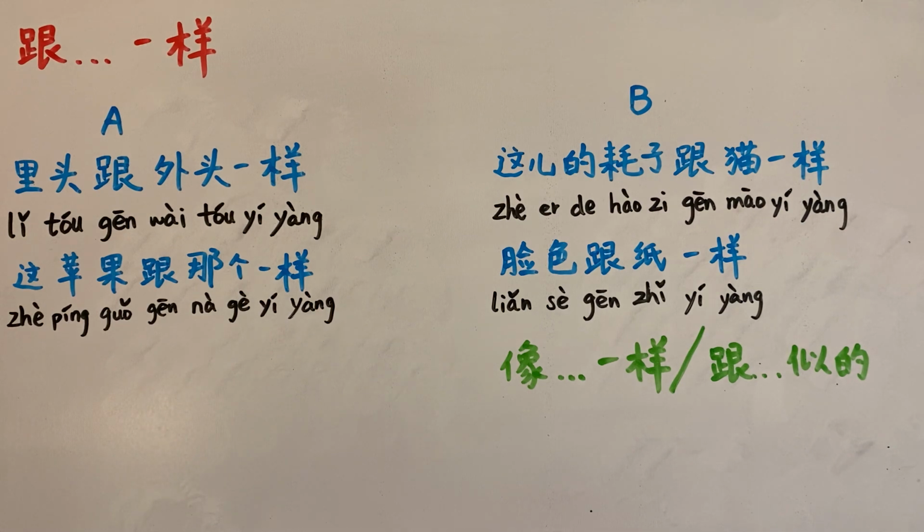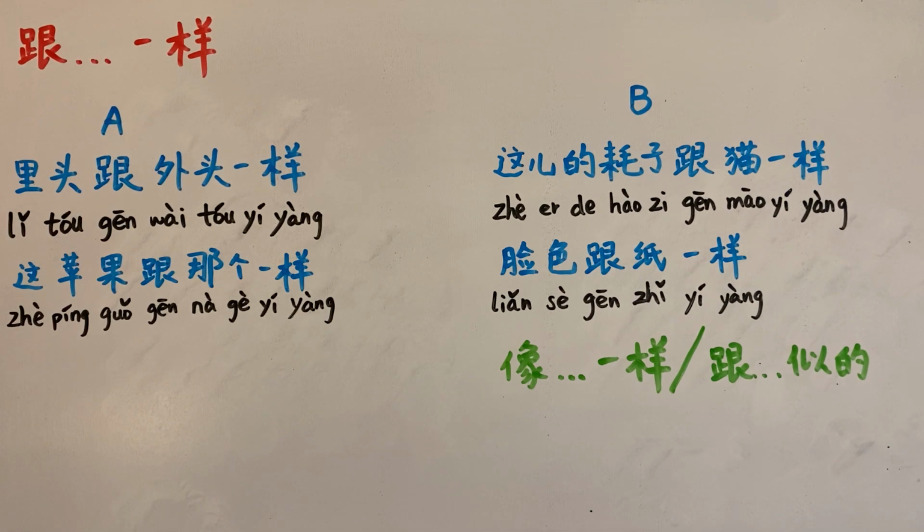You can say the temperature inside is not the same, it's the opposite of the outside. I mean, the temperature of the room you want to compare is either the same or the opposite.